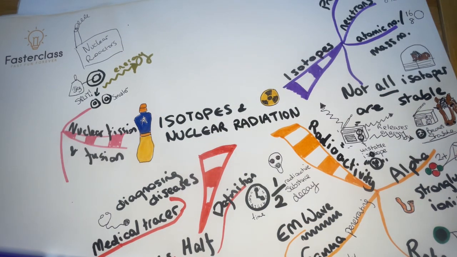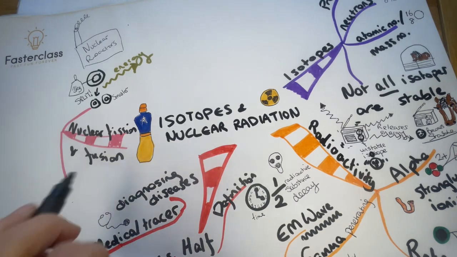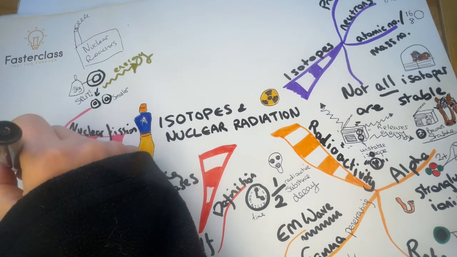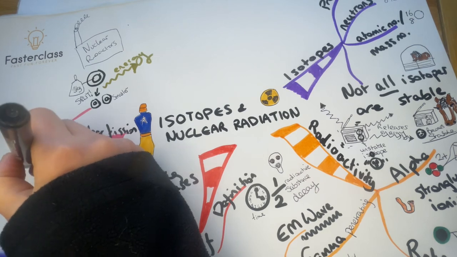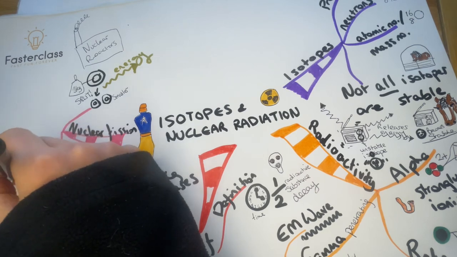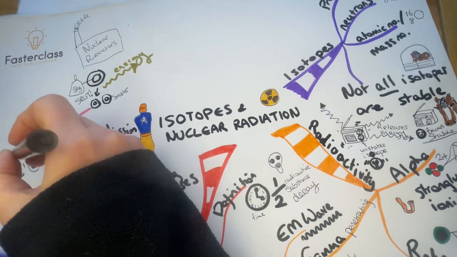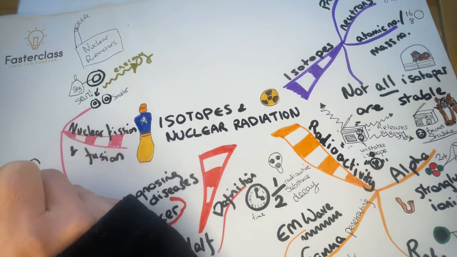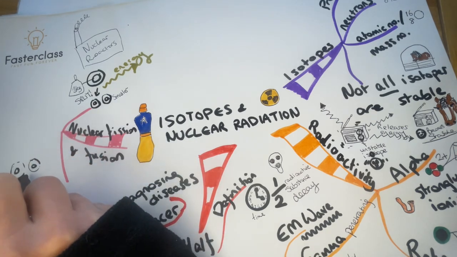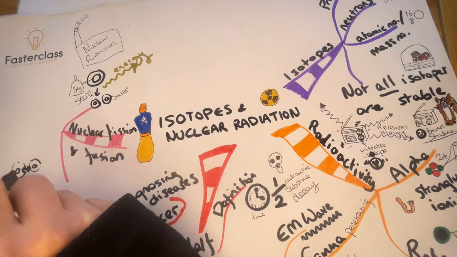On the other hand, we've got fusion, which is the fusion of two light nuclei to form a heavier one. So it's basically the reverse. So you've got two light nuclei. Circle around the edge, by the way, it's just my outer energy field. I'll put a little arrow perhaps.